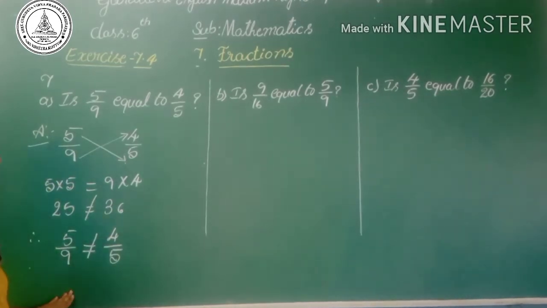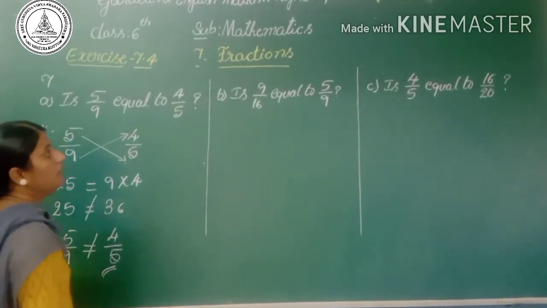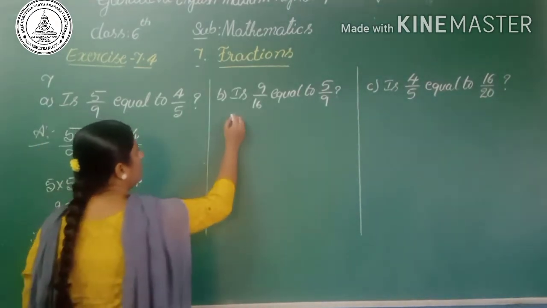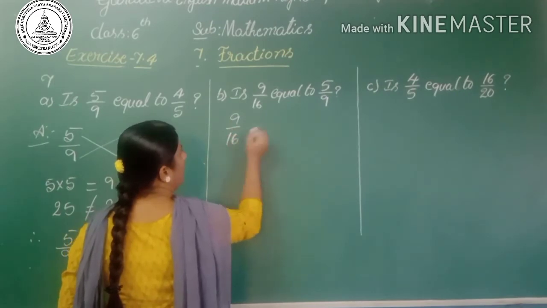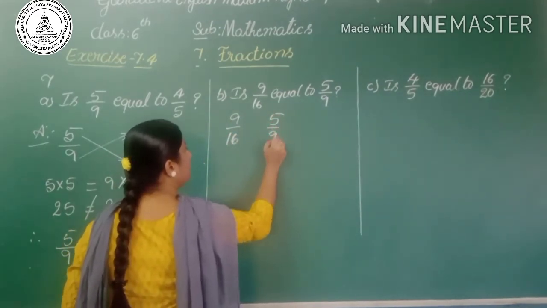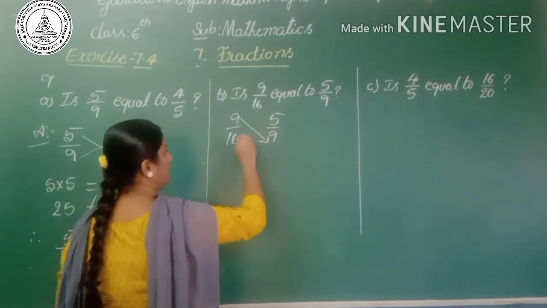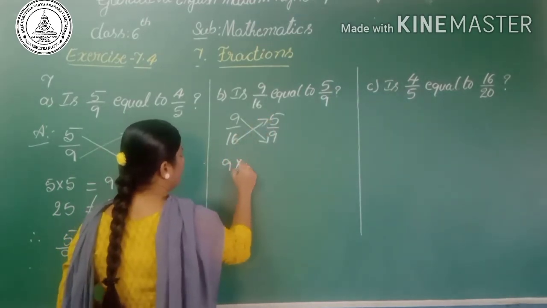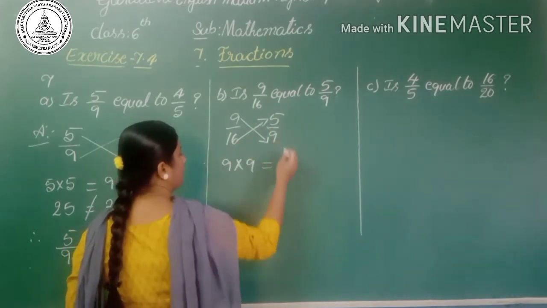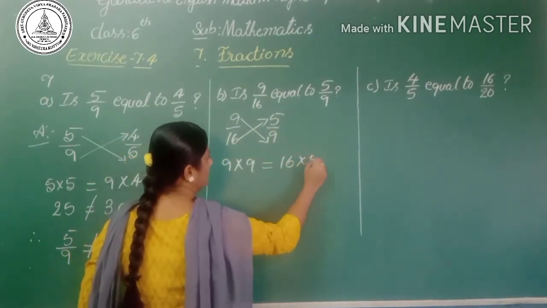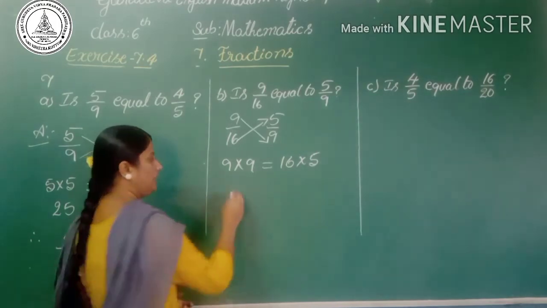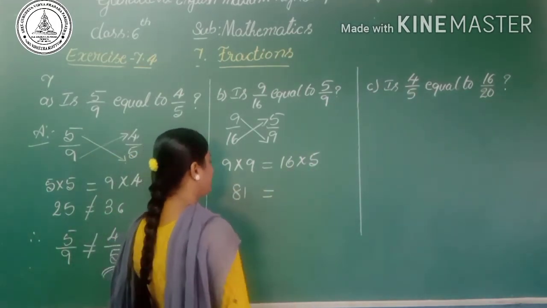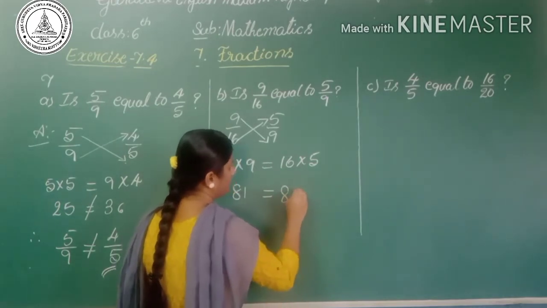Do the second question similarly. 9 by 16 equal to 5 by 9. Let's check here, 9 by 16 and 5 by 9. Just do the cross multiplication, which is 9 into 9, which is equal to 16 into 5. 9 9s are 81, which is equal to 16 5s are 80.